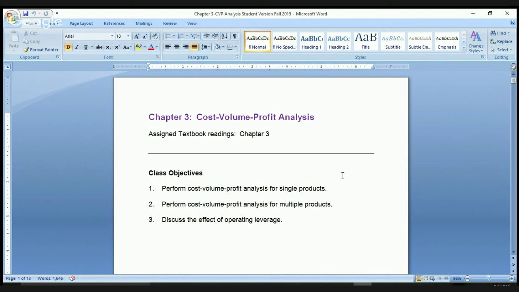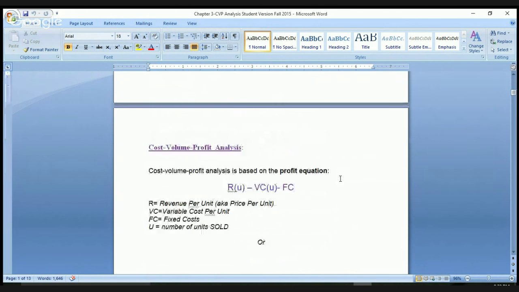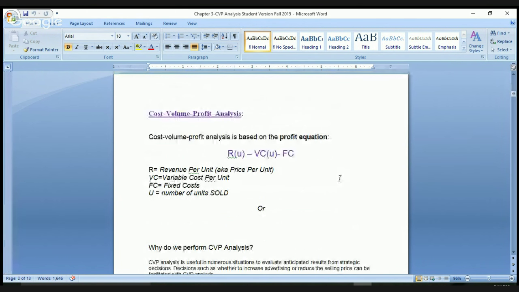So let's get started. Now, what is cost volume profit analysis? Well, if you look in your book on page 67, the definition is managers use cost volume profit analysis to study the behavior of a relationship among these elements as changes occur in the number of units sold, the selling price, the variable cost per unit, or the fixed cost of a product.